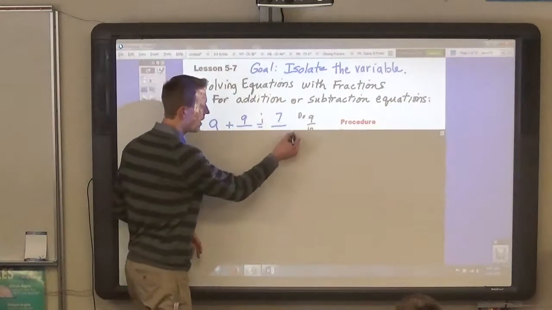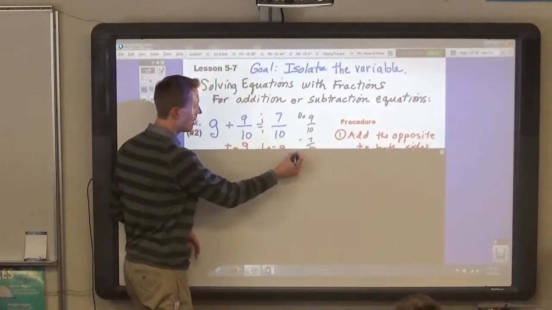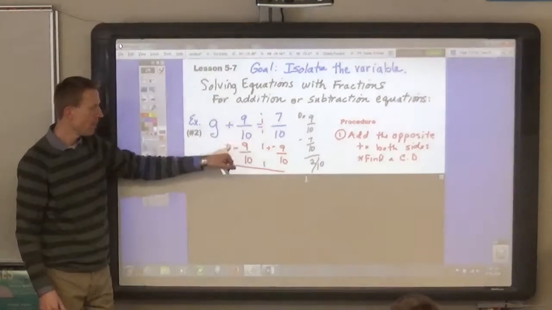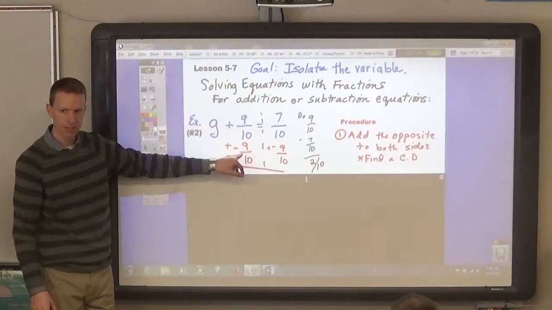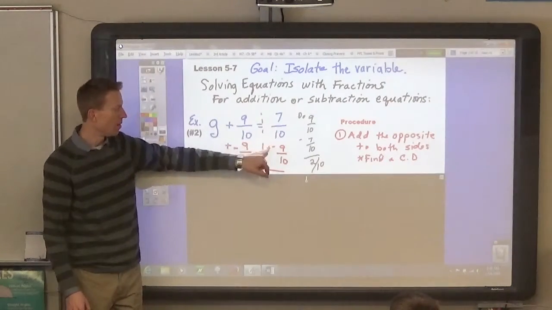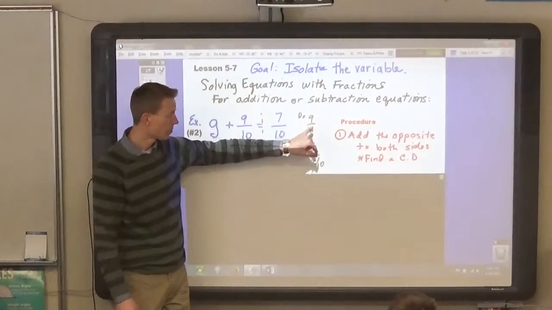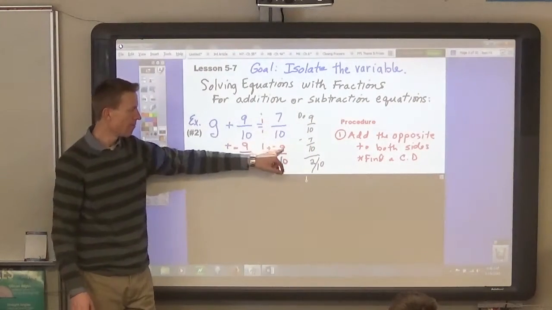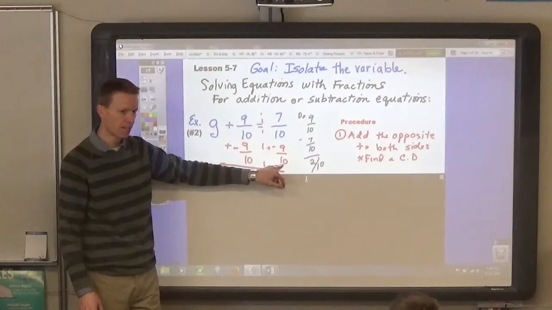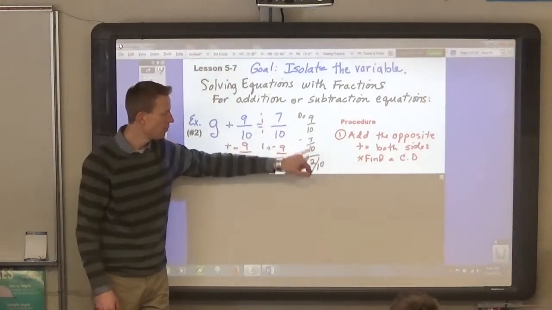Well, if you just add a denominator, you're doing the exact same thing. But instead of adding -9, you add -9/10. And instead of adding 7 plus -9, you have to add 7/10 plus -9/10, which is -2/10.